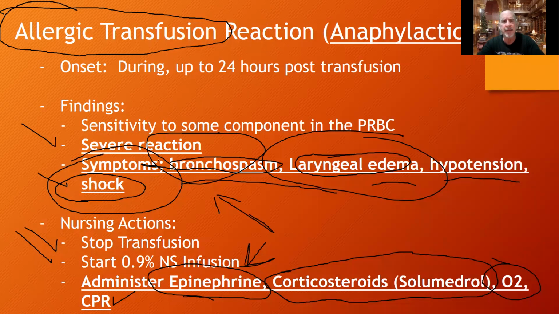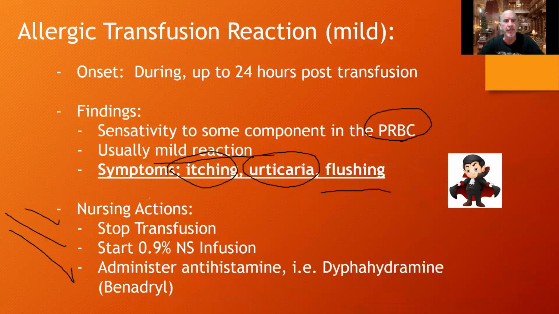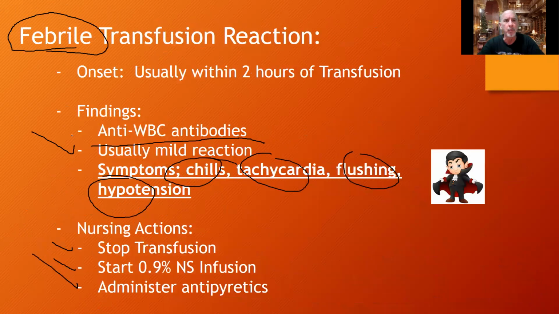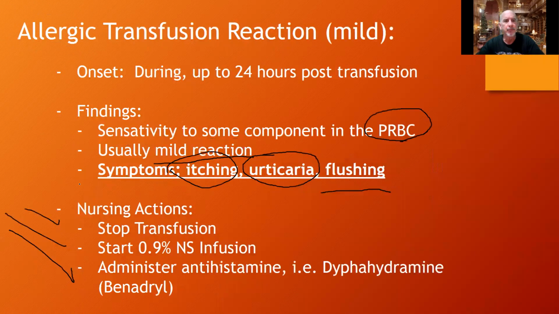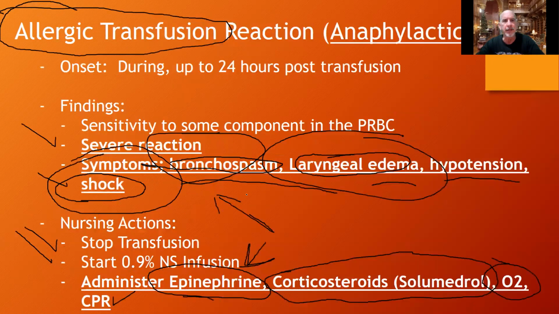Some stuff like that. I'm not going to quiz you exhaustively. I just want you to know kind of what kind of reaction they would have to each of these. But like allergic reaction is going to have itching, and allergic reaction will also have the anaphylactic component.